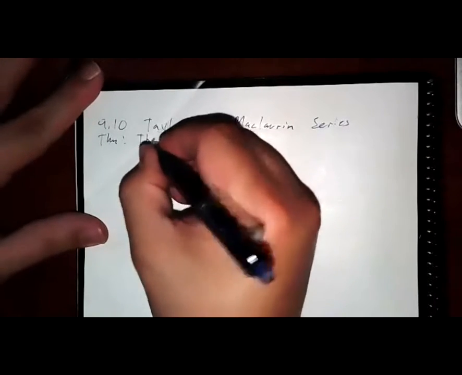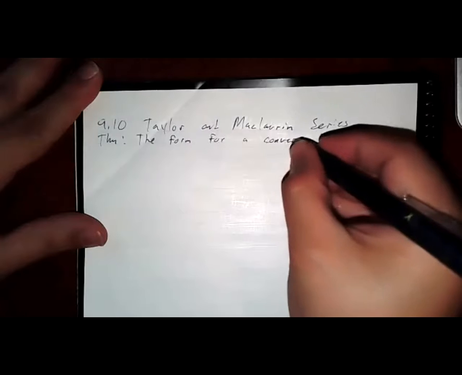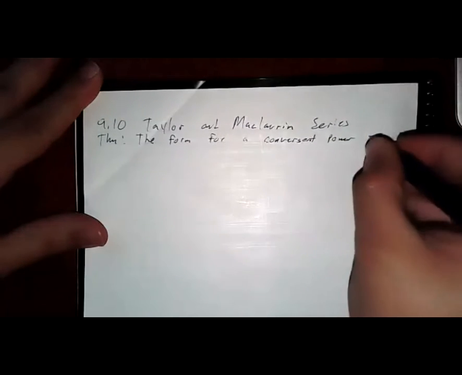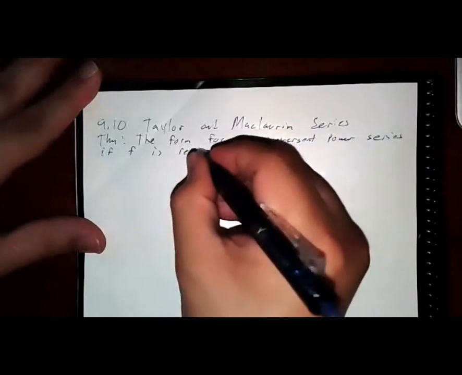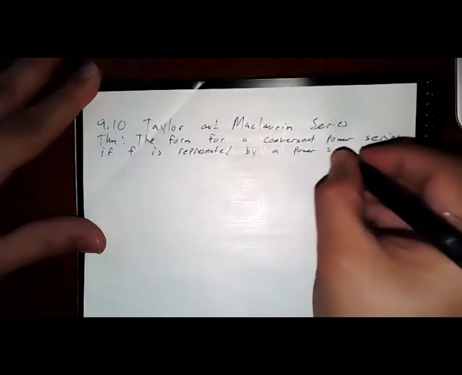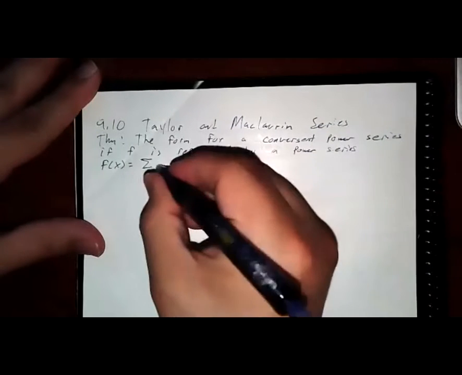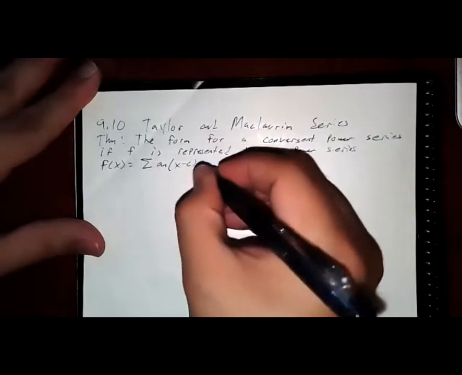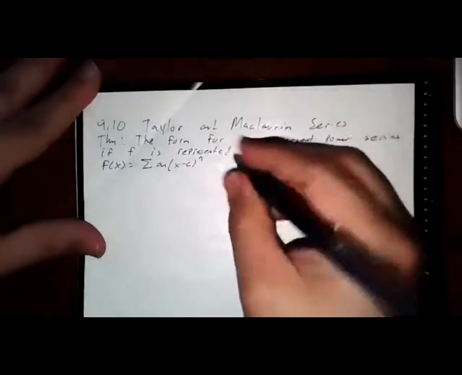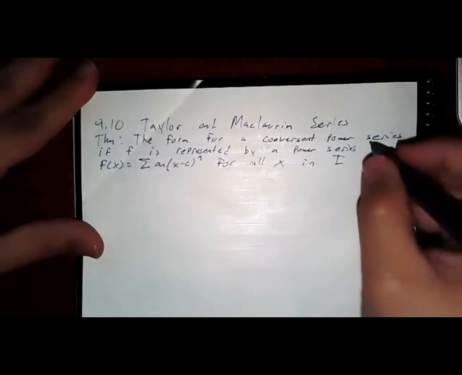So the form for a convergent power series, if f is represented by a power series, f of x will equal the sum of a sub n times x minus c to the n for all x in an open interval I containing c.